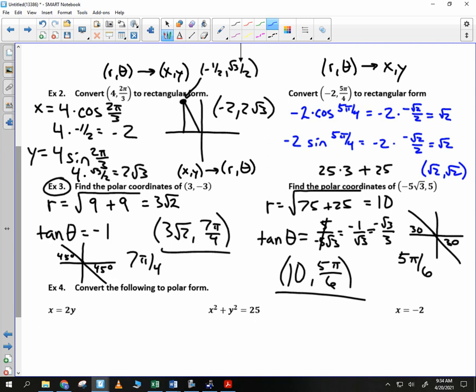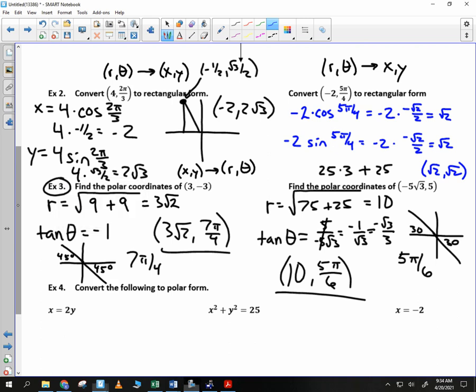Root of 2, root of 2. So we take negative 2 and we multiply it by that guy. You know that the exact value of cosine of 5 pi over 4 is in fact negative root of 2 over 2. And sine as well is negative root of 2 over 2. So you get root of 2, root of 2.